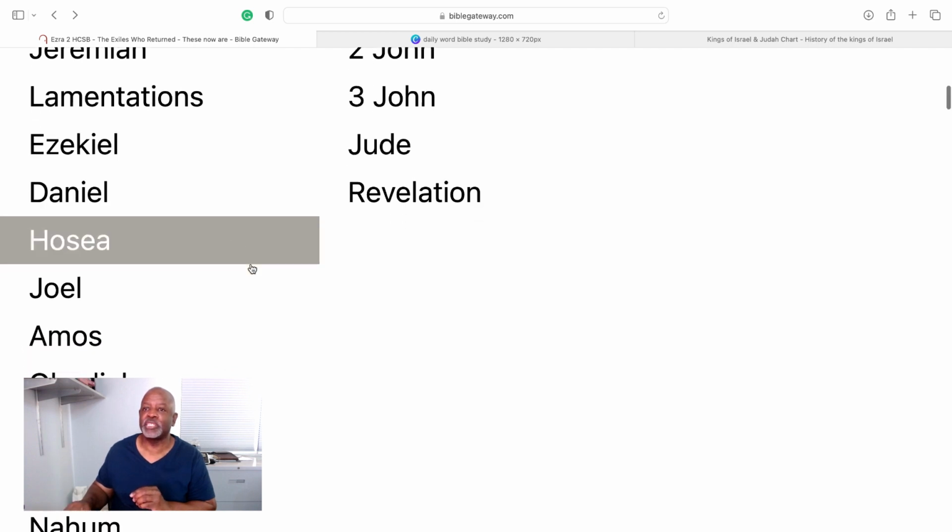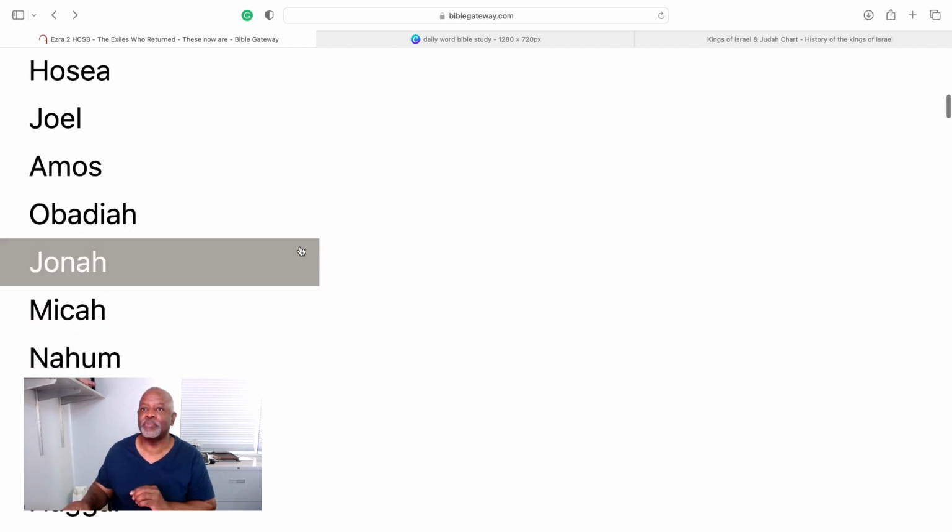Then the other section is the minor prophets, and there are two reasons for them being called minor. The writings are shorter, and of course they're less known.